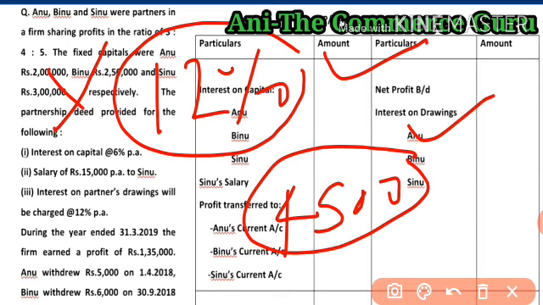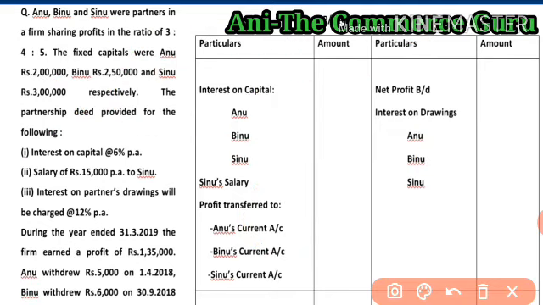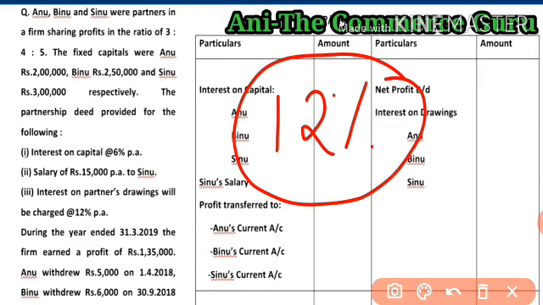Just consider the amount that is given in the question. If the amount is not given there, then you have to calculate interest on drawings based on the rate of interest given in the question. So here the amount is not given, so we have to calculate interest on drawings at 12% per annum.